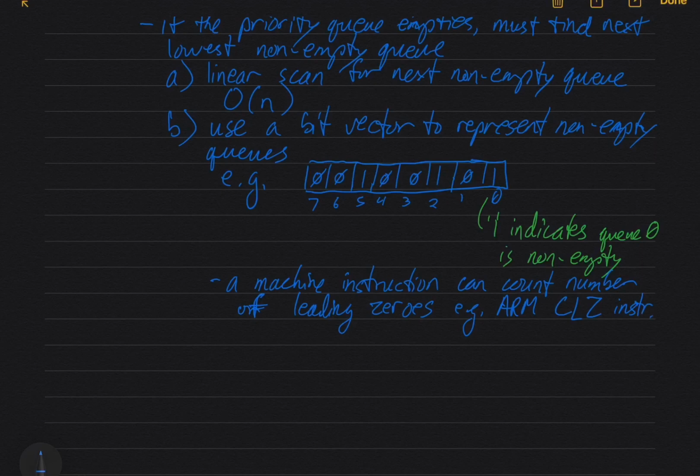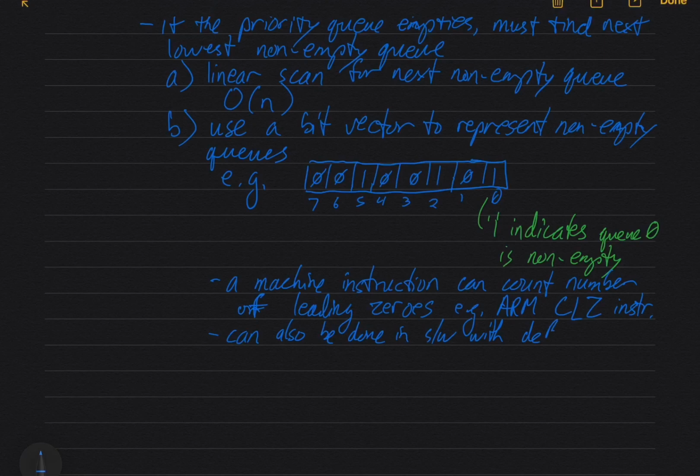So that's one option. If your processor does not have such an instruction, there is an algorithm that can do this in order 1 time. It uses lookup tables and some bit shifting and a couple logic operations, a bitwise and and a bitwise not.